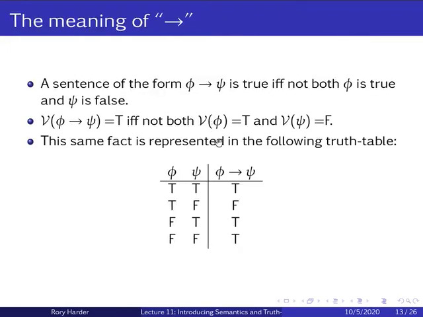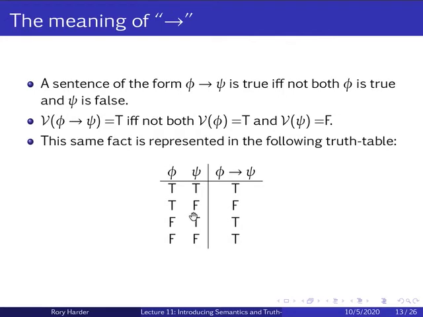Okay, so let's plug that into here. So phi is 2 plus 2 equals 5, which is false. And psi is humans are immortal, which is also false. And here, what this table says is that in this case, where both the first and the second part of the conditional are false, the overall conditional is actually still true.